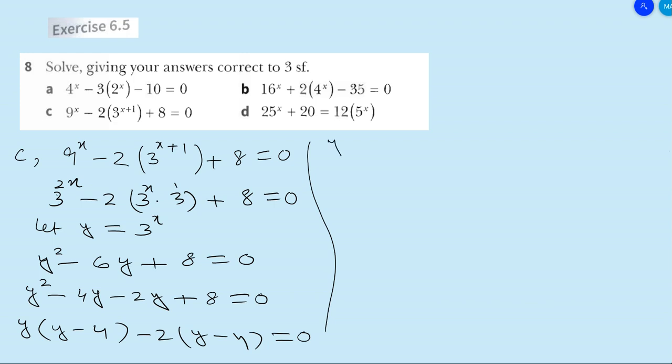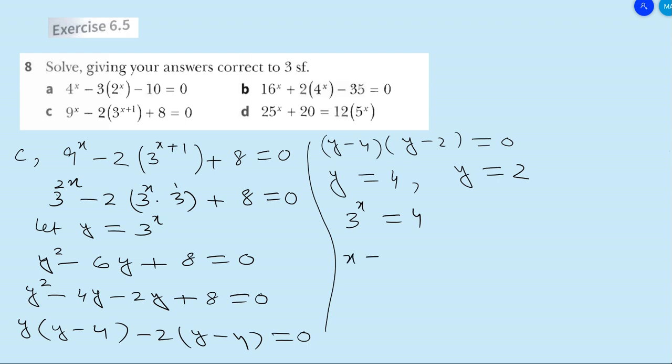Now y minus 4 and y minus 2 is equal to 0. This implies that y is equal to 4 and y is equal to 2. y is actually 3 to the power x is equal to 4.